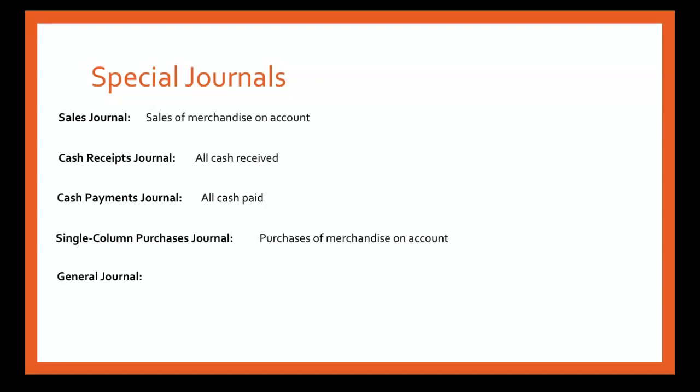And again, just like how we emphasized under the sales journal, all of that must be true. It can't just be purchases of merchandise or purchases on account. It has to be purchases of merchandise on account. And then our general journal, that's going to be any adjusting entries, closing entries, or correcting entries.